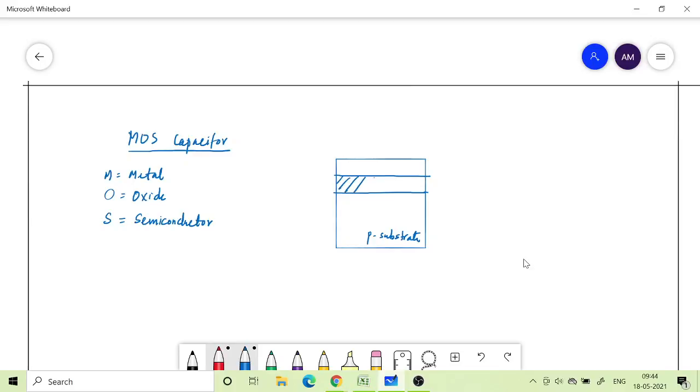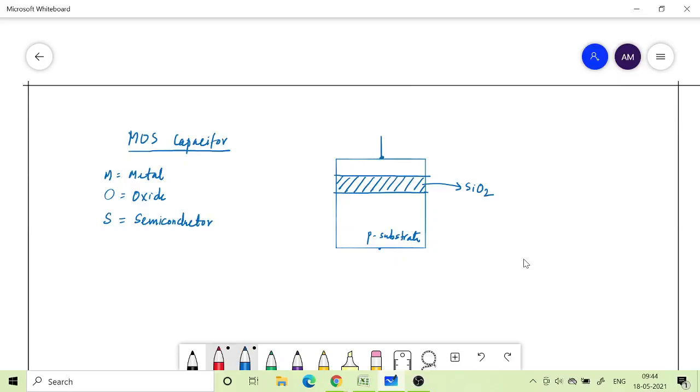Oxide is basically, though we say oxide, it is basically silicon dioxide. Okay, so this is SiO2, and then we have a metal, to which we connect terminal. So for MOS capacitor, it is a capacitor that is made out of metal, oxide, and semiconductor.